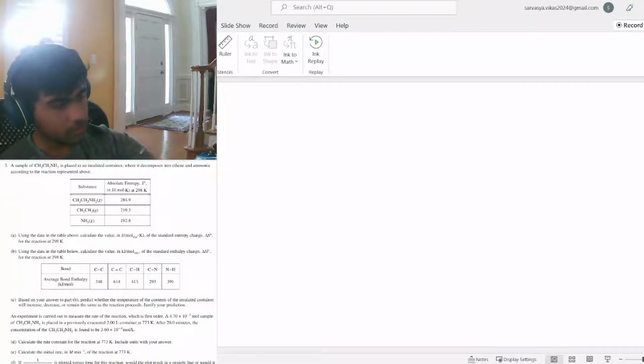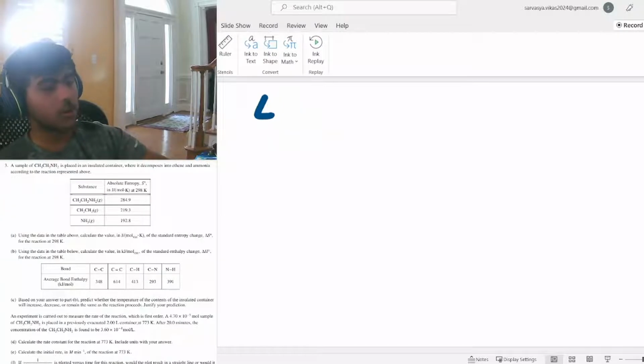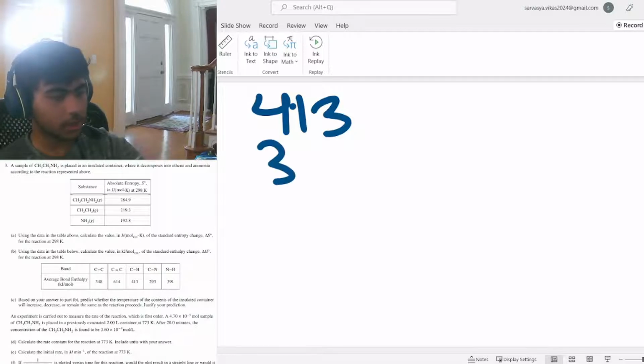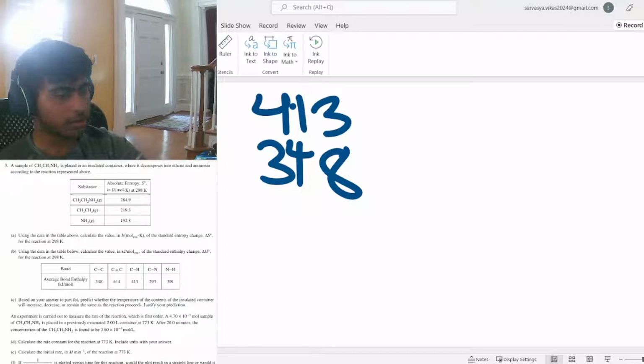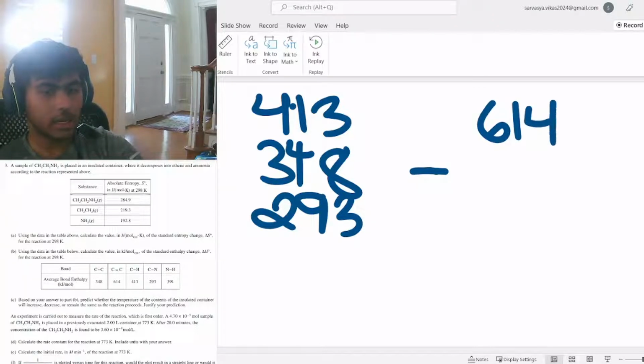So we have the reactants as a CH 413, a single CC bond, which is 348 kilojoules per mole, a CN bond, which is 293. And then we're going to subtract that by the double C bond, which is 614, and an NH bond, which is 391.